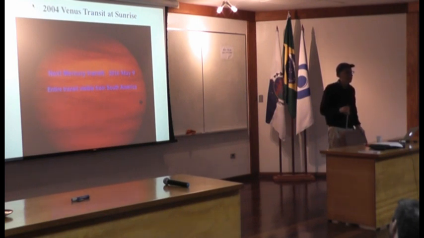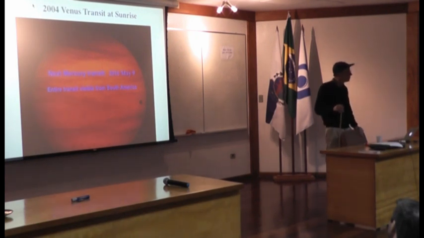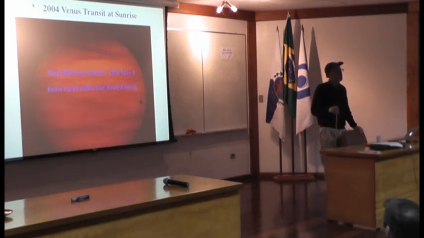What you need, ideally, is a small telescope with a solar filter. You can do it with eclipse glasses. Don't do it with just dark glasses. That is not going to be good for your eyes. It'll damage your eyes.